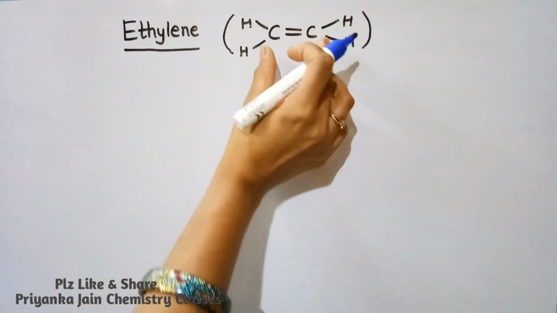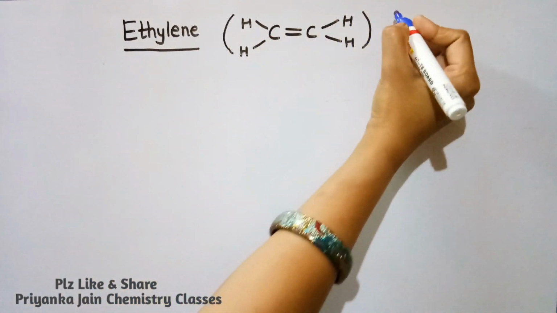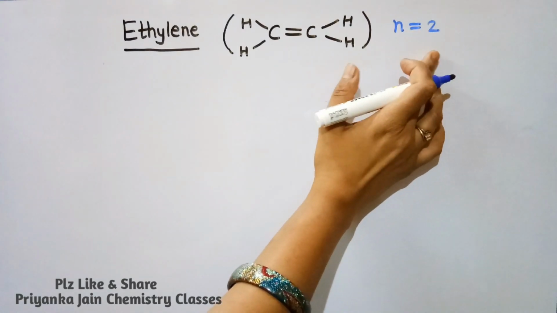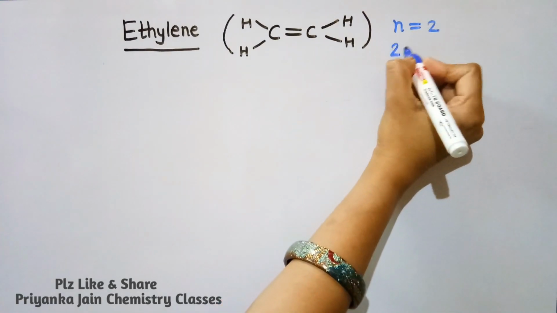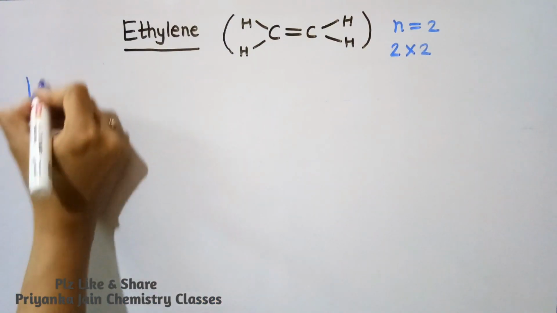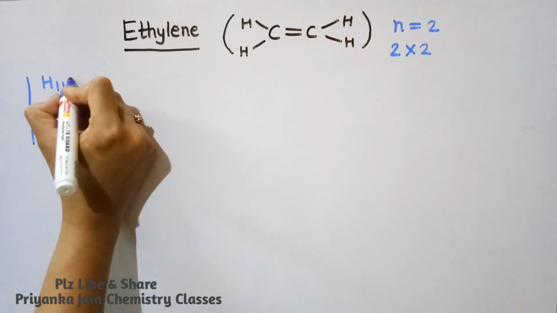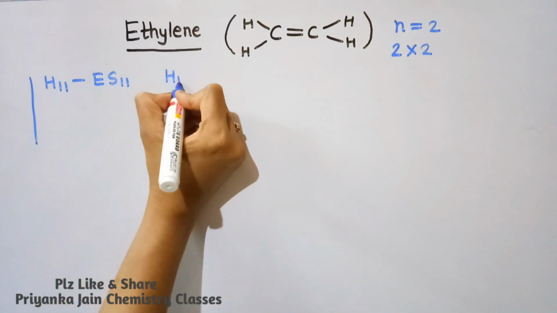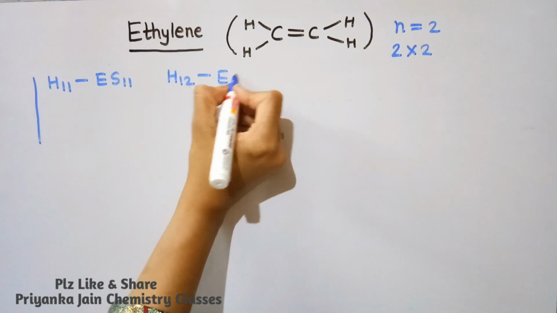Now see here, there are two carbon atoms present, so the value of n will be equal to 2. So we have to make a 2 into 2 secular determinant. And how to make it? I have already told you. Firstly write down in this manner: H11 minus ES11, then H12 minus ES12.